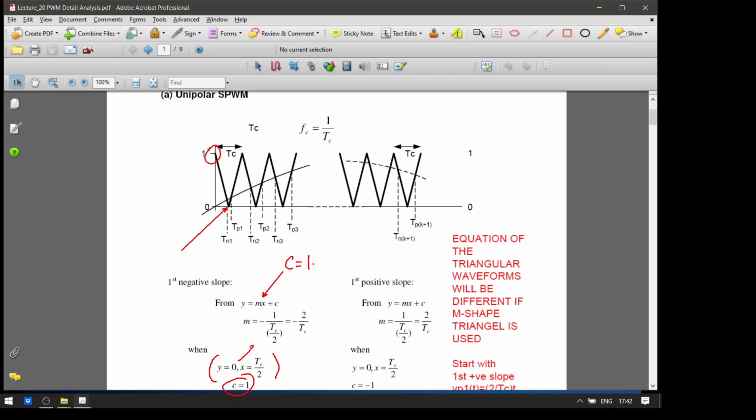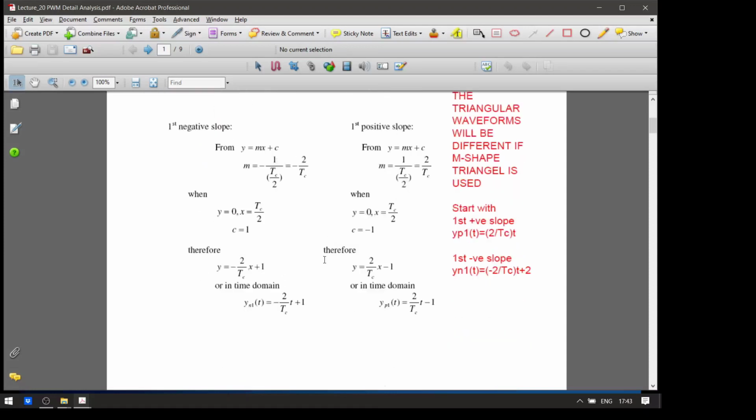Obviously we see that the intersection of the line with the y-axis is at 1, so c equals 1. Therefore the equation for the first negative slope is y equals minus 2 over TC times x plus 1, and in time domain we have y(t) equals minus 2 over TC times t plus 1. So this is the time domain.